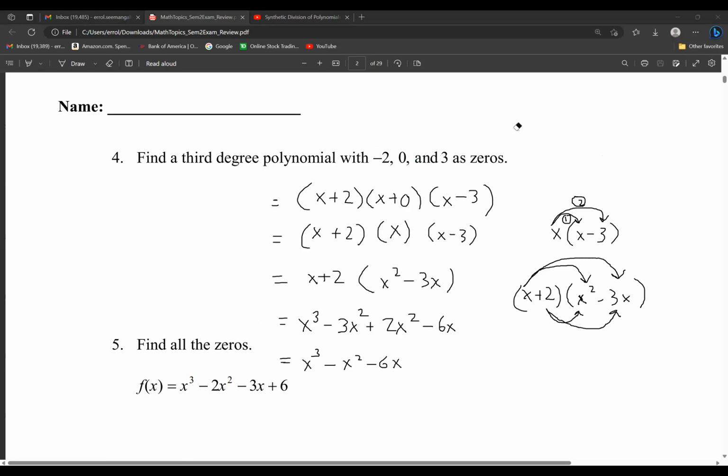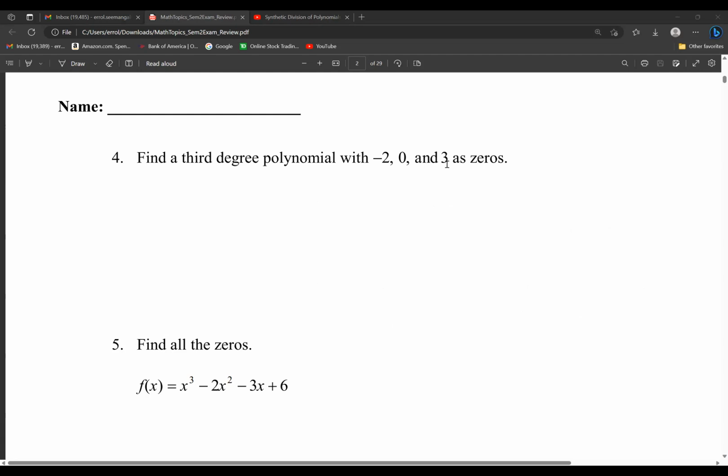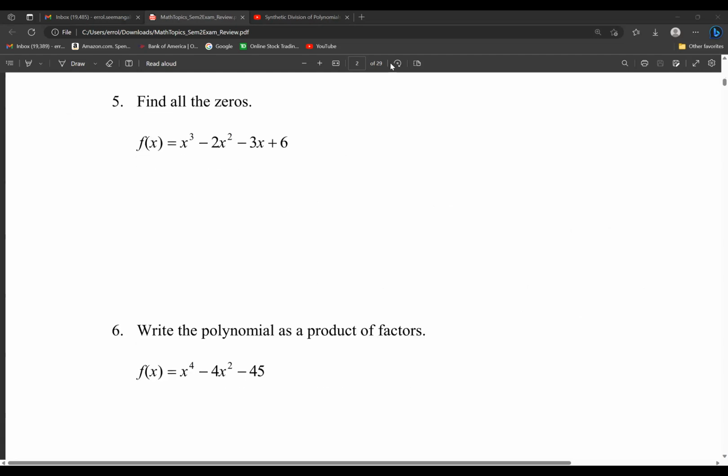All right, are we good on 4? Yes. All right, says find all the zeros for 5. All right, so how are we going to do 5? When they say find all the zeros, how do we do that? Just let this equal 0.